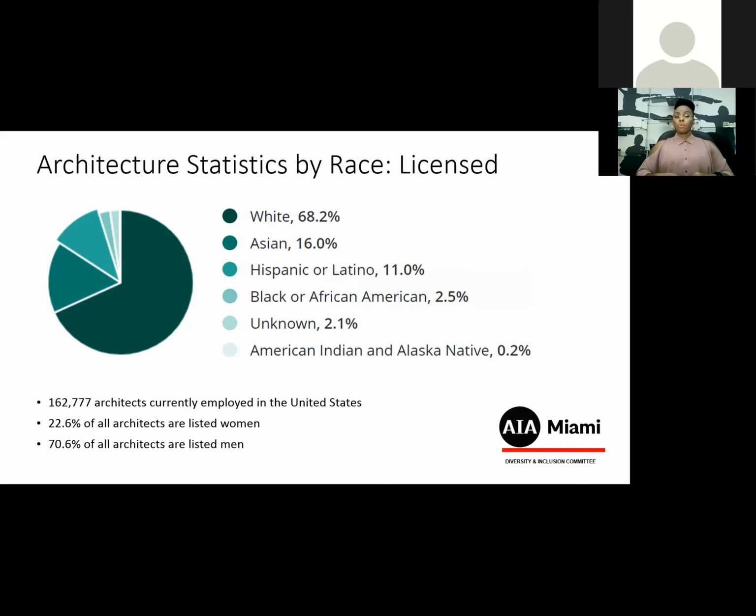In Miami, we'll have more Latino or Hispanic here just because of the demographics that we have here in the state. Now, of that number, 70.6% of them are men. Now, I haven't spoken about the disproportionate nature of men to women in architecture until now, because it's very important to understand that we do have to have different demographics or different culture, but within that culture, it's also skewed more towards men than there is women, right?